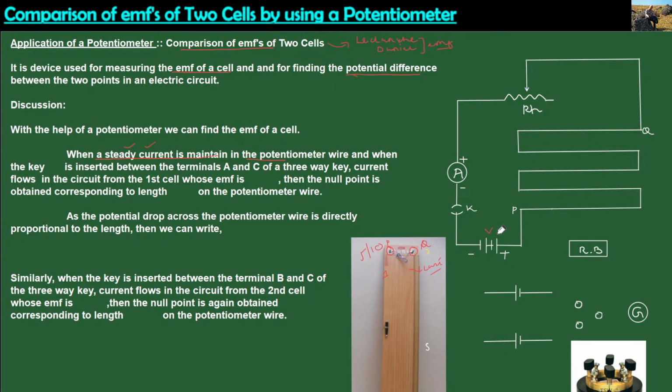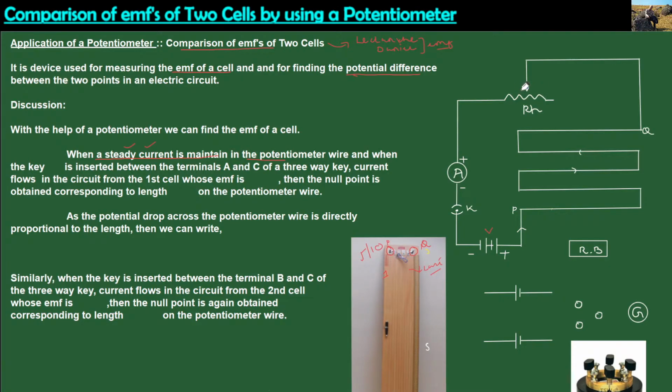When we insert the plug in this key, current will flow in this circuit in this direction, and there will be some deflection on the galvanometer.